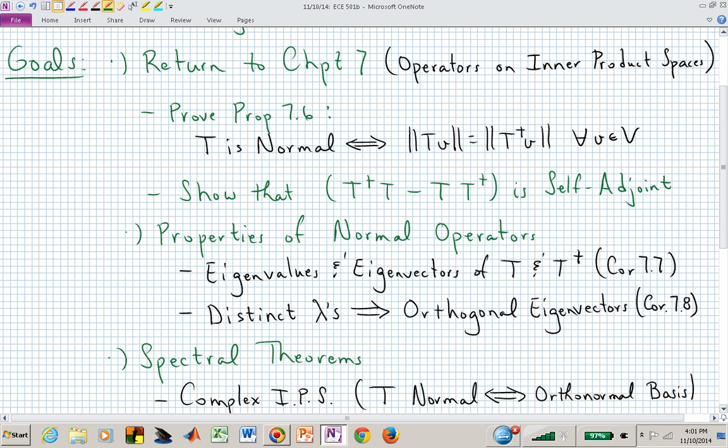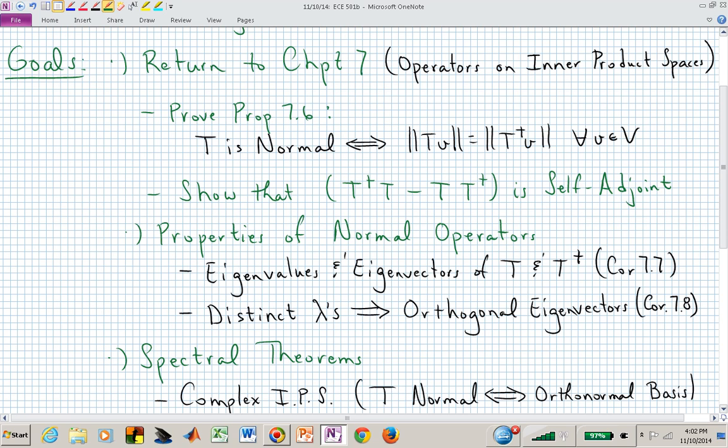Last time we were in an exam, so let's return now to where we left off, which is returning to Chapter 7, and I think that at the very end we simply stated Proposition 7.6, which was an if and only if on T being normal. If we have an operator T that's normal, that's true if and only if the norm of that operator applied to any vector is the same as the adjoint of that operator applied to that same vector.